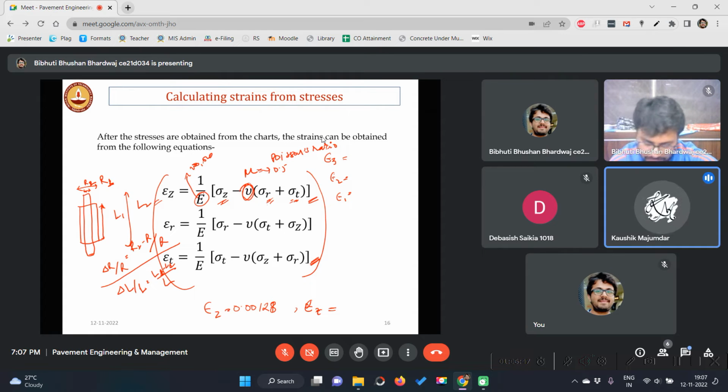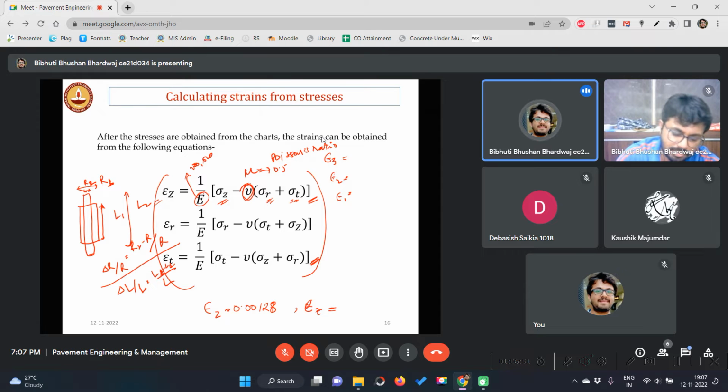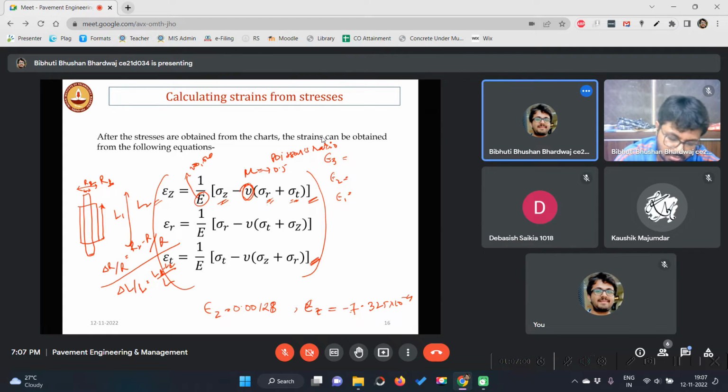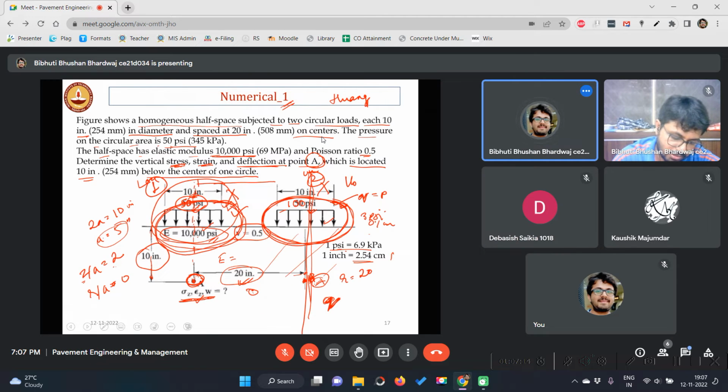Sir, minus 7.325 into 10 to the power minus 4. Okay. So this is minus 732.5 microstrain. And this is 1280 microstrain. Okay. I don't know. I will check.